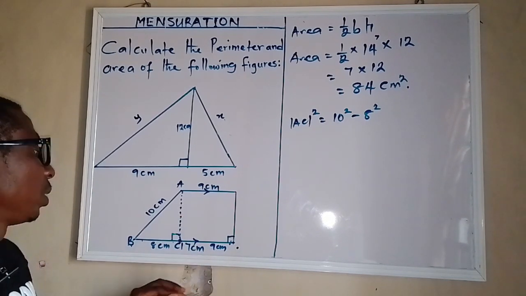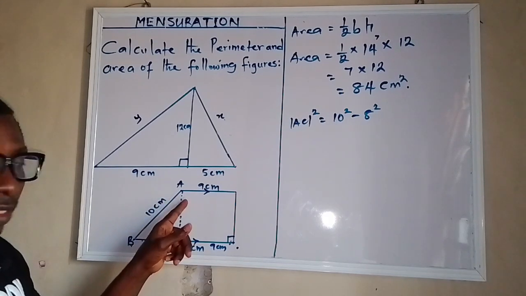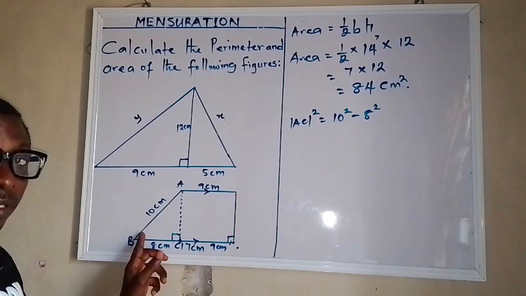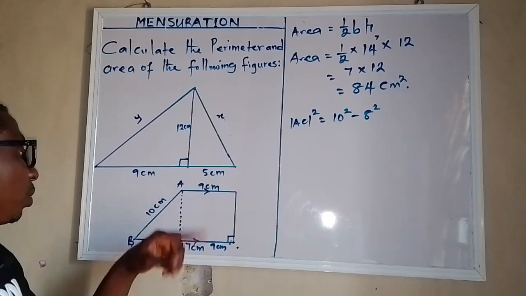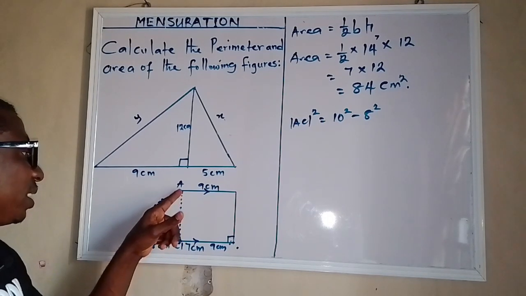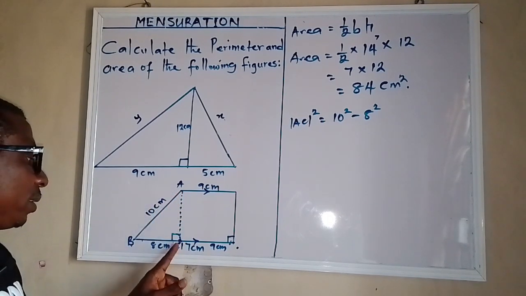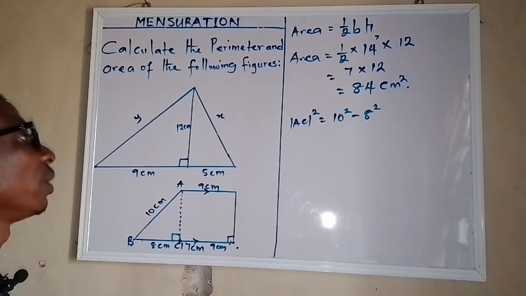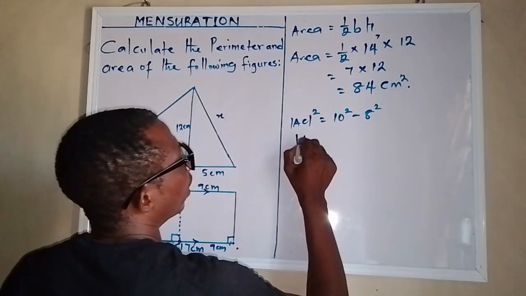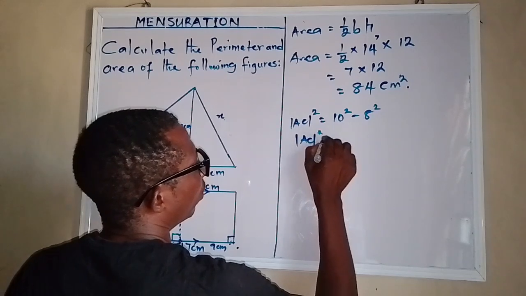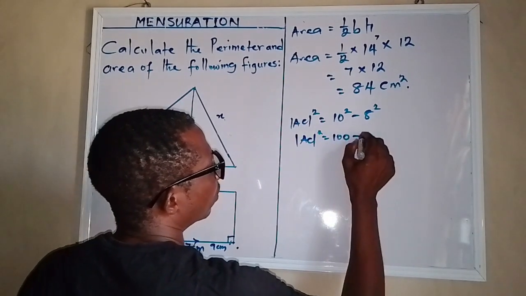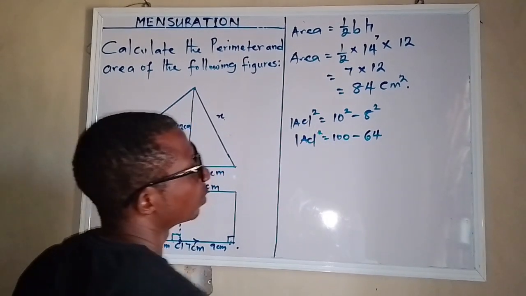If this is our reference angle, this is going to be our opposite. So our opposite is length AC. So we have AC square will be 100 minus 64.